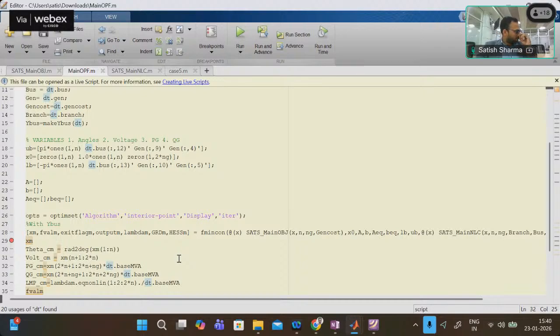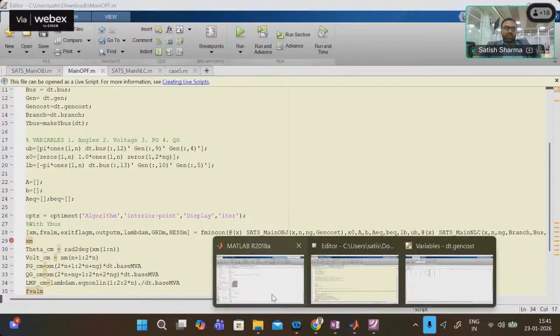So I multiplied with the base so that everything is converted back into megawatts. Same for the MVAR reactive power, and these lambdas are also in terms of dollars per unit, so I have converted that into dollars per megawatt hour. So these are the lambdas, which are the LMPs, and this is what we have obtained.